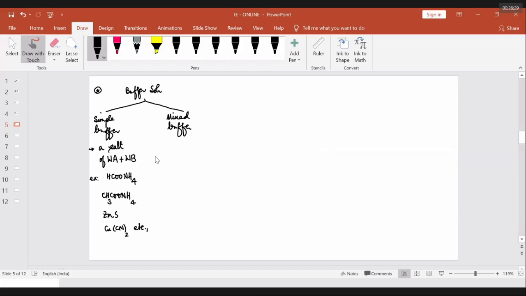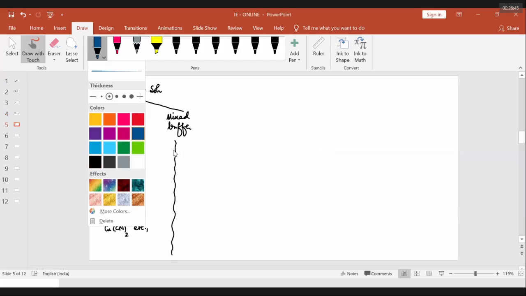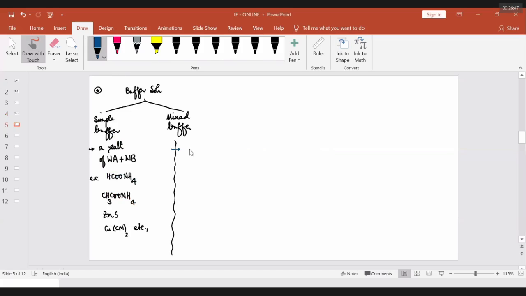So now, once we are having this, then you say, sir, who is this fellow? Mixed buffer. Mixed buffer is of two types. One is called acidic buffer. The other one is called basic buffer.